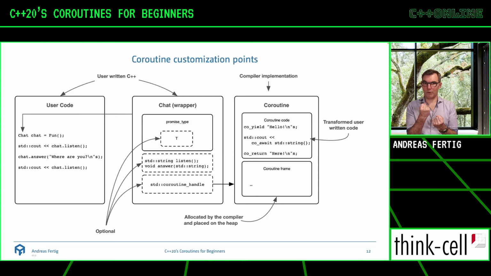So this is the code for my function fun. And that one gets heavily transformed by the compiler. So one example is all the local variables, including the parameters we are passing to the function, are not on the stack. They get rewired to point to the coroutine frame on the heap, okay? And every co-yield reaches into the promise type's yield value and so forth.